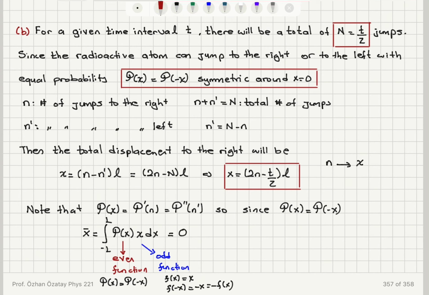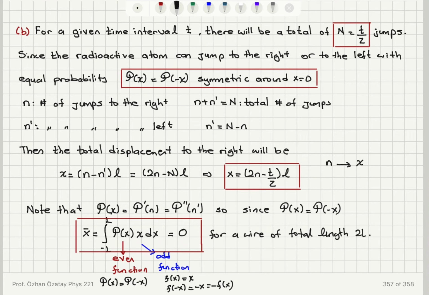So the mean value of the displacement has to be 0, because we have the multiplication of an odd function with an even function for a wire of total length 2L.